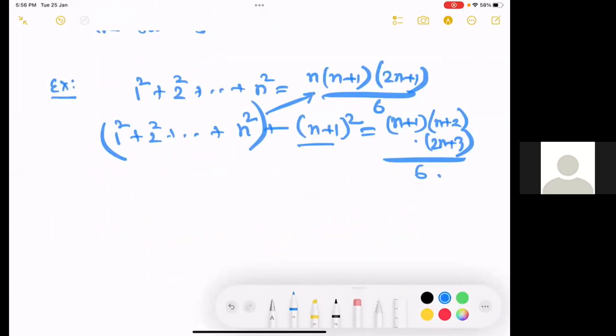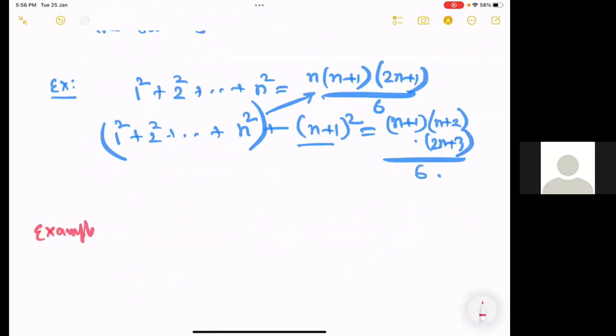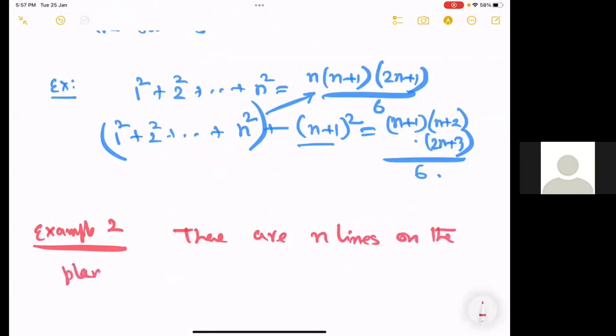Okay, so this is really very basic, but there could be more interesting examples also. So let's take a slightly more interesting example. Right, so let's say there are n lines on the plane. It's again an example.